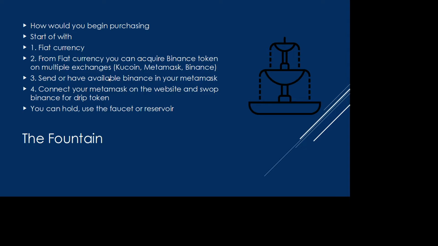And then once you have Binance in your MetaMask and you've connected it, on the drip website you can swap Binance for drip. And basically once you've got drip, you can hold it and you can use the faucet or the reservoir. So that's the fountain.